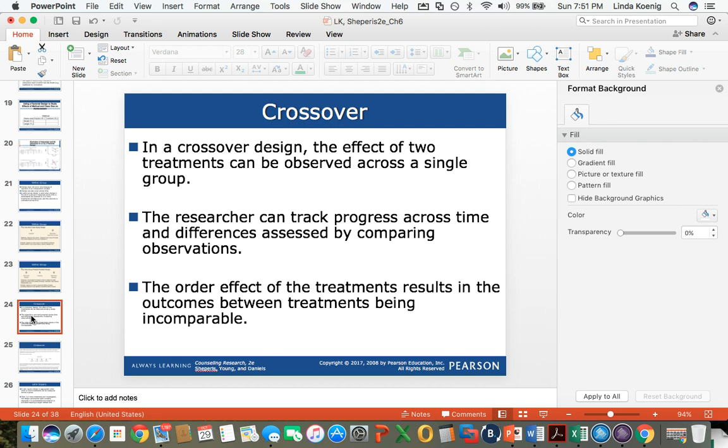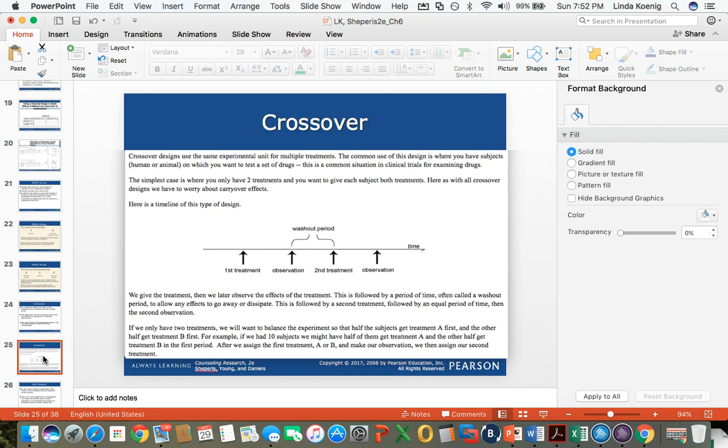So if we're doing, say, two types of intervention, the order that we're doing the intervention in actually can have an effect on the outcome. So in a crossover design, we want to try to eliminate that. So this is sort of what a crossover design looks like.